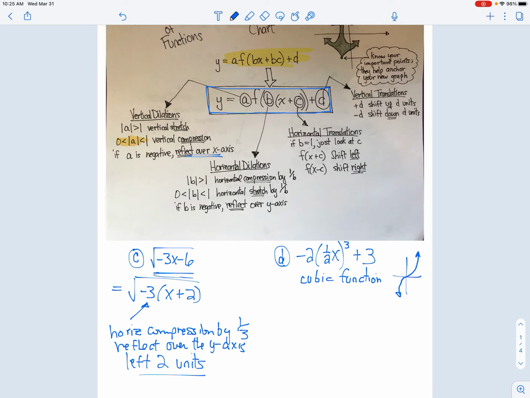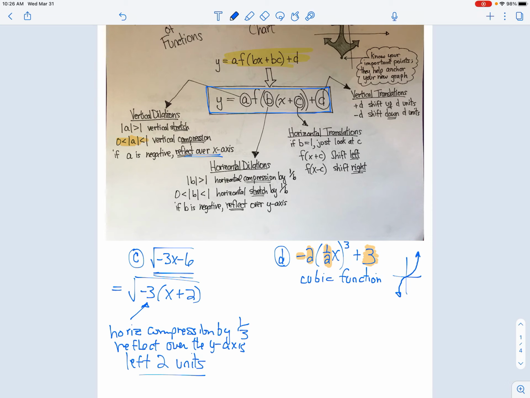Wow, there's two different dilation components. There is that 2 that means something, that 1/2 on the inside means something. The negative as multiplied by the 2 means something, and this +3 corresponds to an A, a B, and a D in my anchor chart.